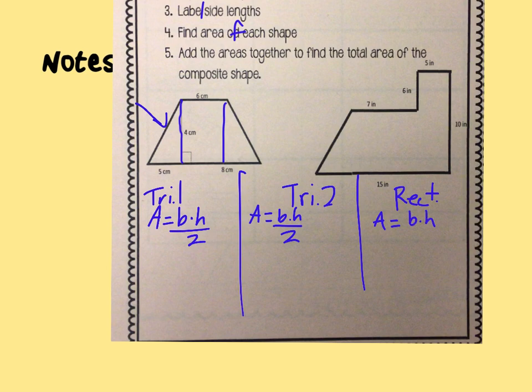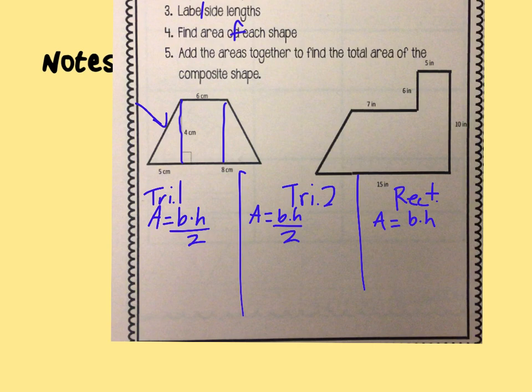Is it important to write those formulas down? Absolutely. So again, keep things organized in such a way that you can see where you're doing your work. It's very, very important.